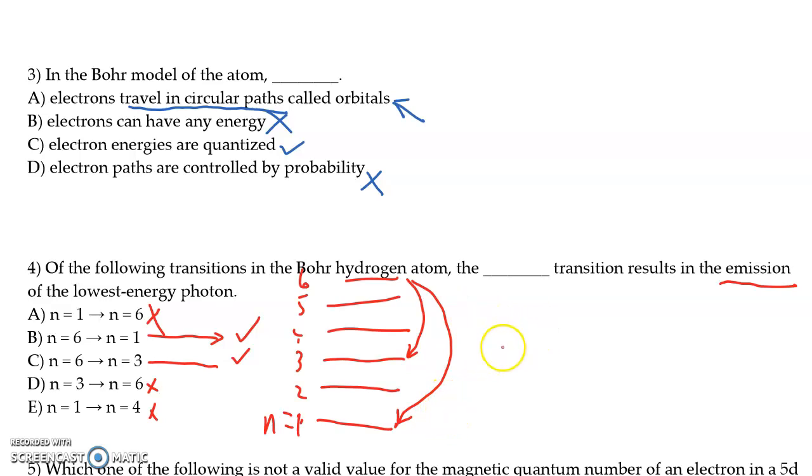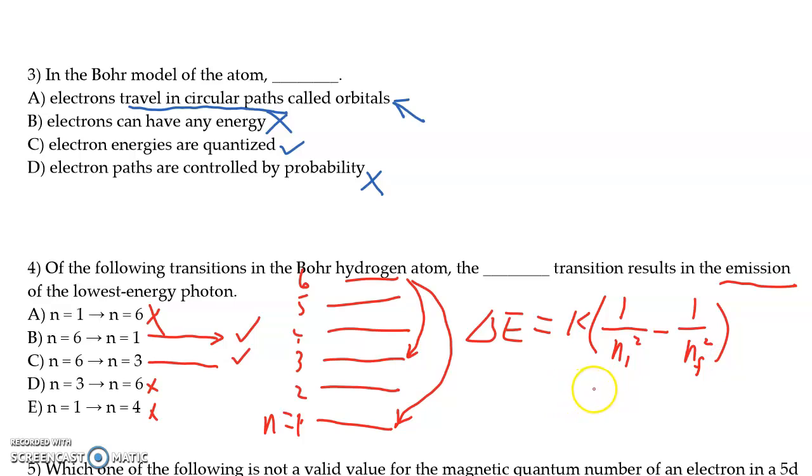If you want to quantify it, we can do that. So delta E is equal to K times, it's a hydrogen, so Z is equal to 1, times 1 divided by initial n squared minus final n squared.